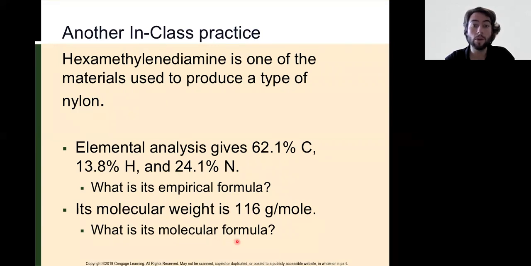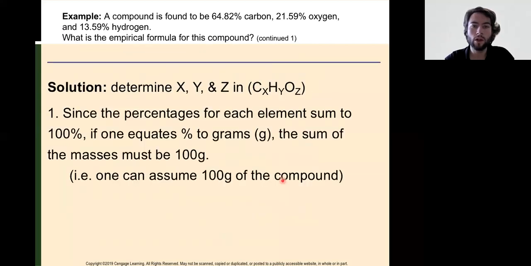So the first step, as always, is to convert these percentages into masses. So we'll determine X, Y, and Z in CXHYOZ. Because remember, we know that there's carbon, hydrogen, oxygen because we were given the sample composition of carbon, oxygen, hydrogen. These numbers add together to give 100%. So we know that it only contains carbon, oxygen, and hydrogen.